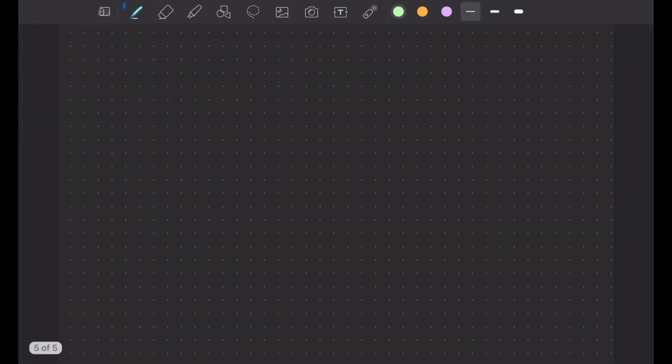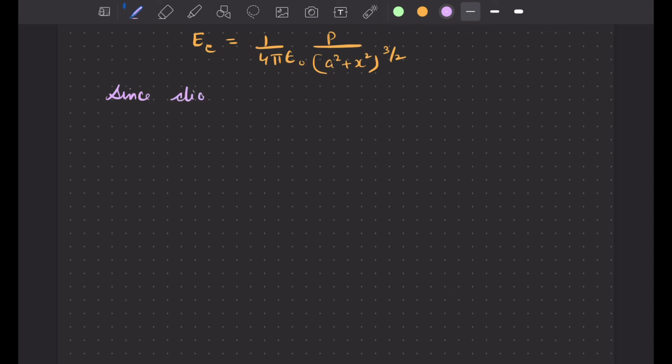So the equation is electric field intensity on the equatorial line is 1 upon 4 pi epsilon naught P upon (a square plus x square) whole raised to power 3 by 2. Now we can say that dipole is small. Since dipole is small, therefore a square is very small, and hence it could be ignored.